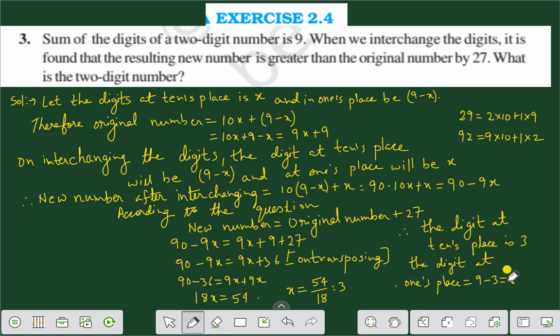Therefore we are getting the two digit number: the digit at tens place is 3, and the digit at ones place is 6. Therefore the two digit number is equal to 36.